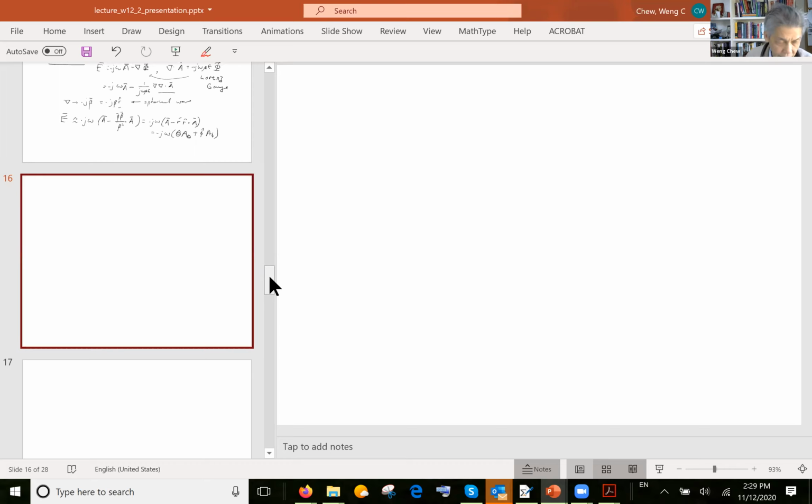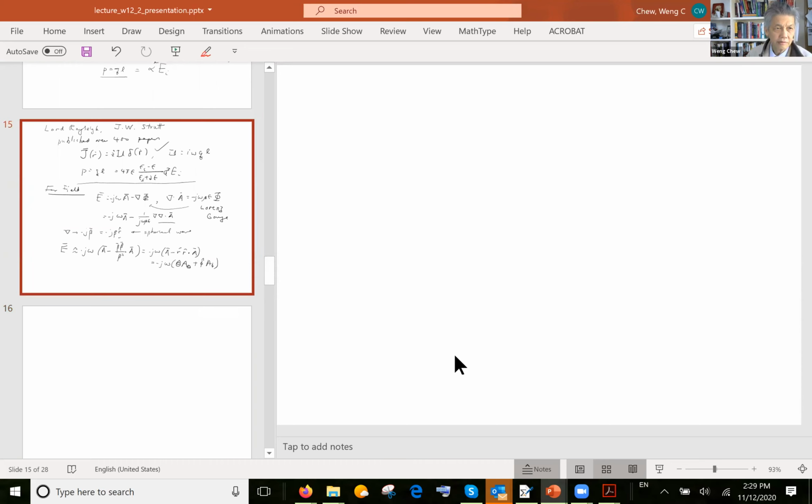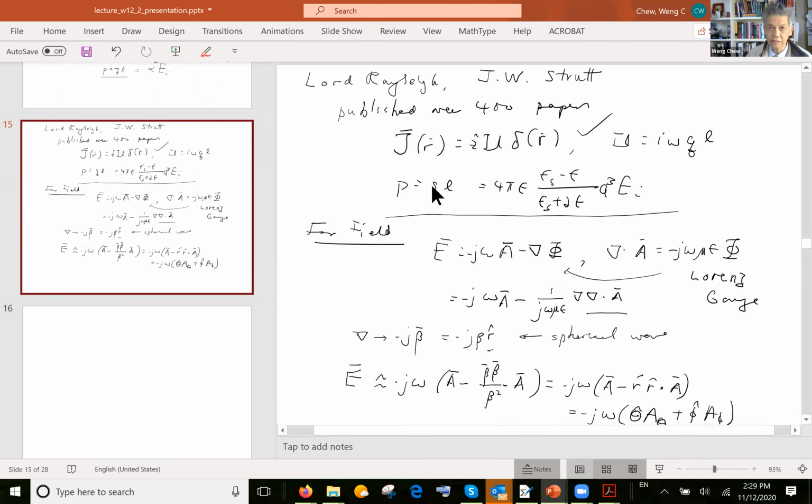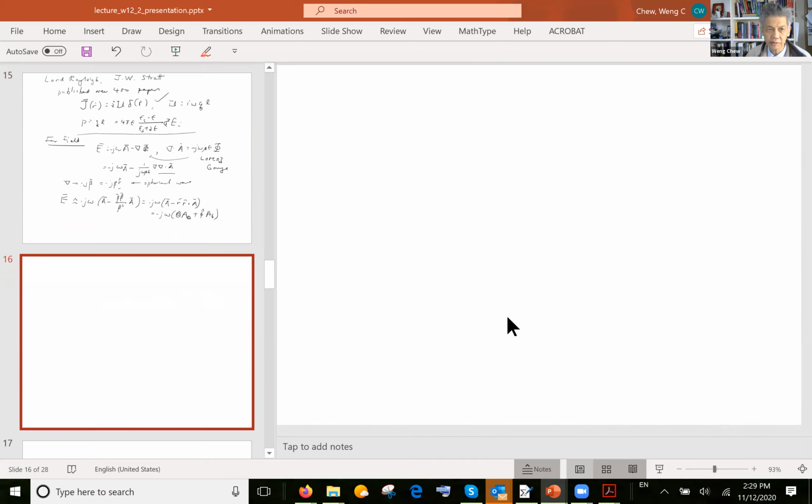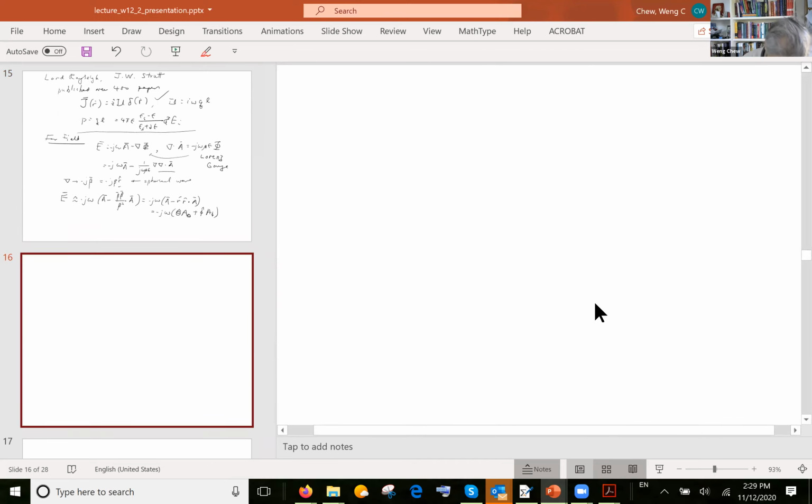Well, I can do it more carefully. I can assume that I have a Hertzian dipole to begin with. If I have a Hertzian dipole to begin with, then I know that A, due to a small dipole, is given by this expression, which I have written down before.